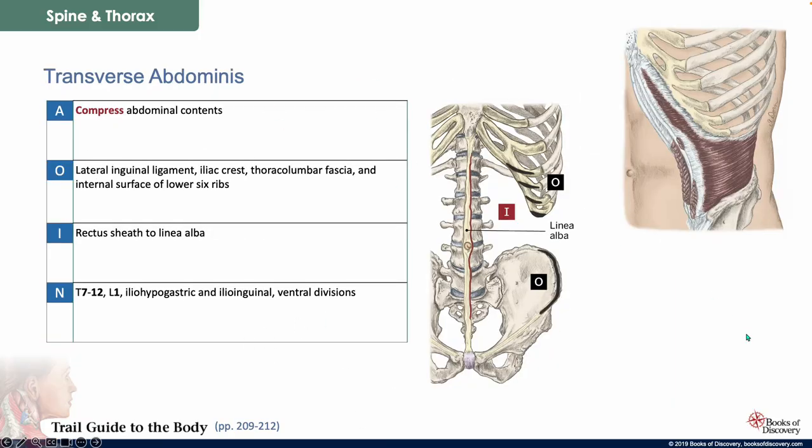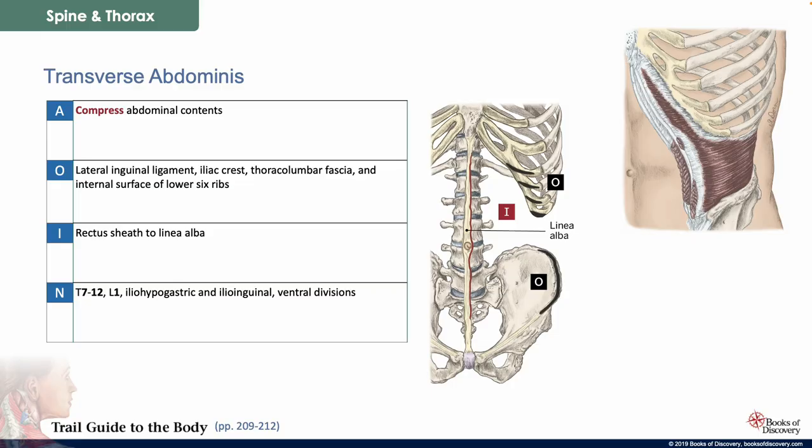Transverse. So this is also kind of filling that space where you think your QL would be on the side of your waist here. So these fibers are running transversely. They're not running up and down or at an angle. They are mostly going left to right, we'll say. So the action of this is to compress your abdominal contents. Keep everything where it's supposed to be.